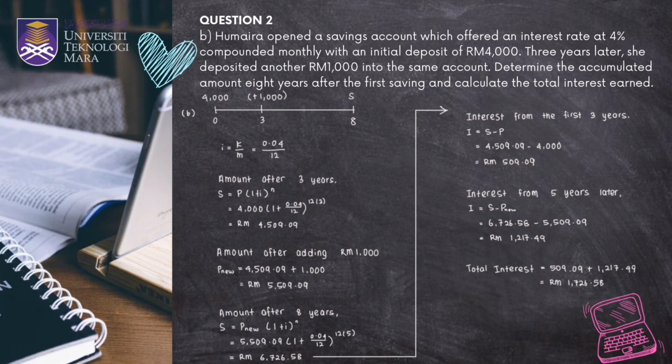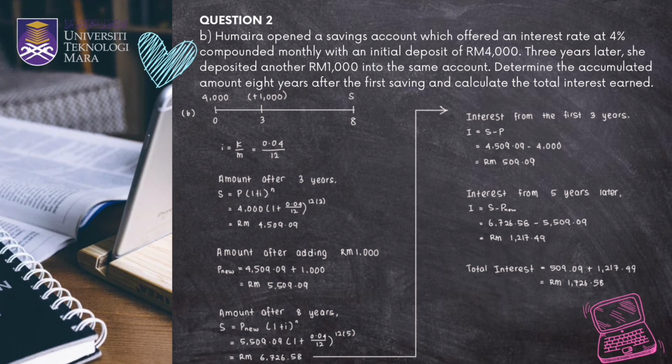Interest from the first 3 years, we use the formula I equals S minus P equals 4,509 and 9 cents minus 4,000 equals 509 and 9 cents.